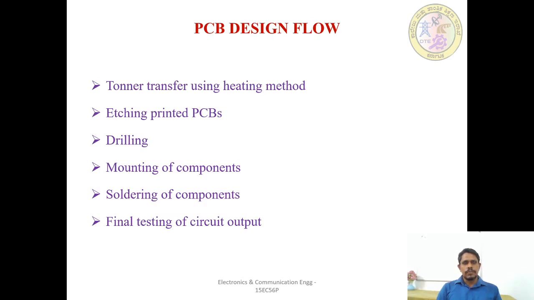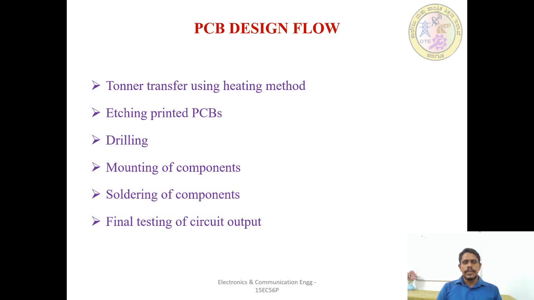PCB design flow, again: toner transfer using heating method. Once the soft copy has been given and films have been produced, it will be given to the PCB manufacturing process.